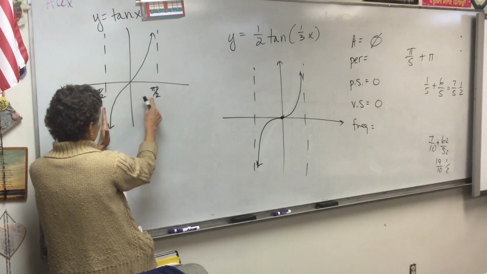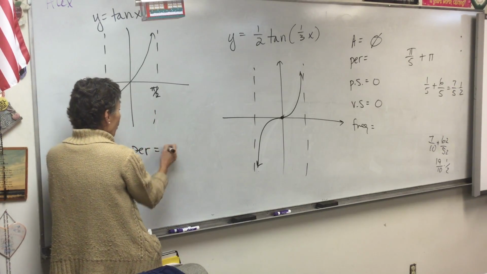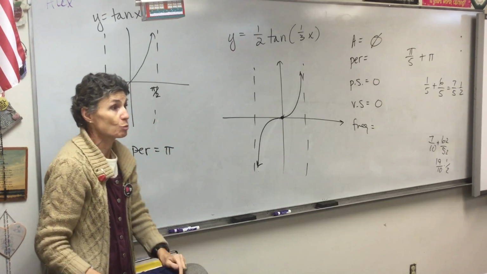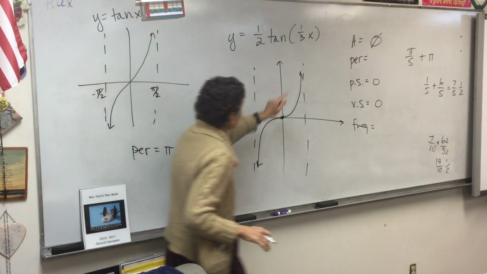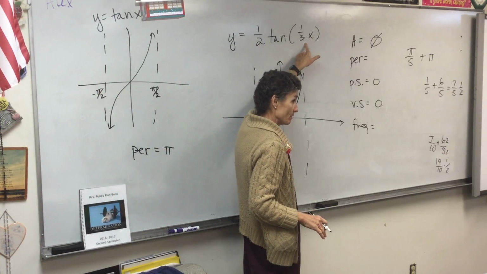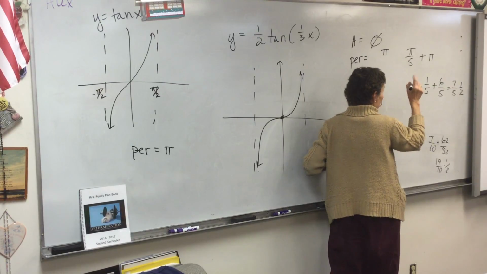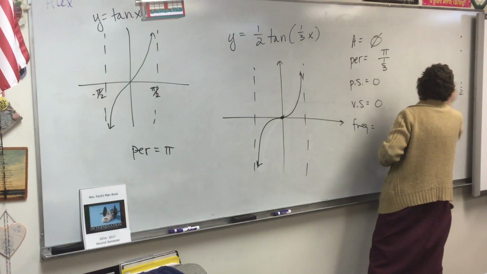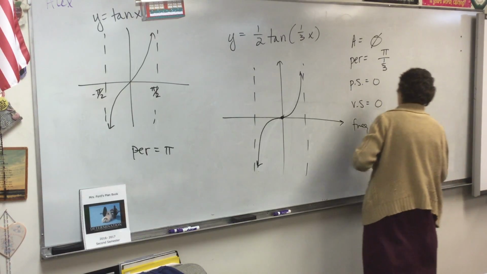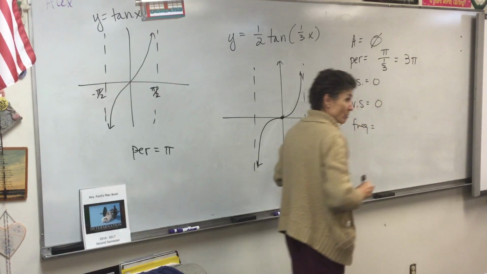How far is it from here to here? 1 pi. So the period of a normal tangent is 1 pi. So when I come over here and I put a 1/3 in here, that means I'll take my normal pi and divide it by 1/3, which means the period of my picture I'm graphing is 3 pi.